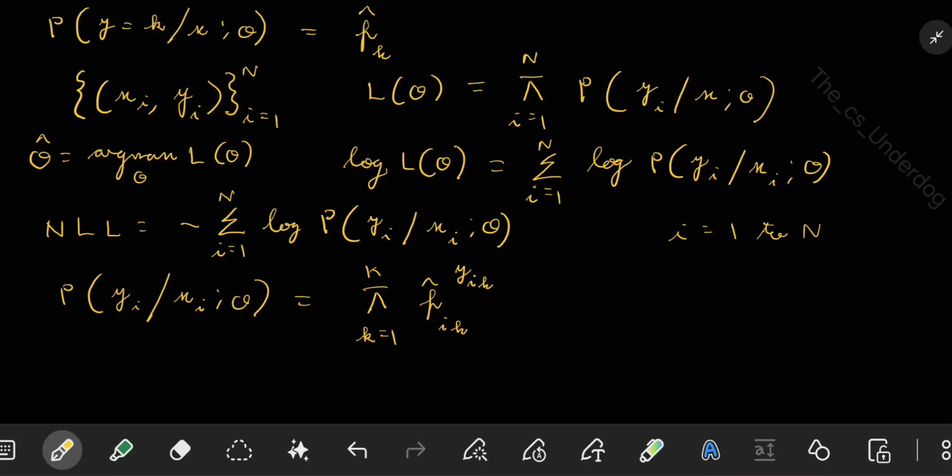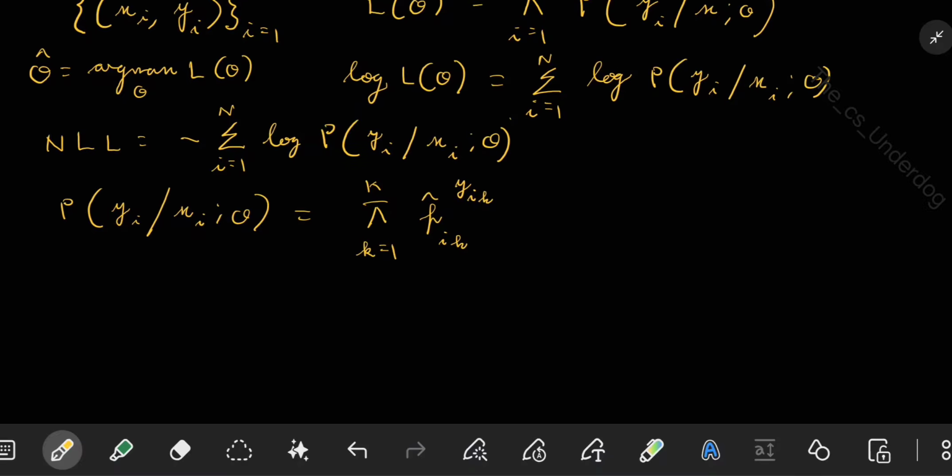So now that you got this point, the next thing is, to the log likelihood I am going to substitute. Here I want the negative log likelihood. So I am going to take the first part, that is the log probability. Probability is this, then log of probability, log p of yi given xi, theta.